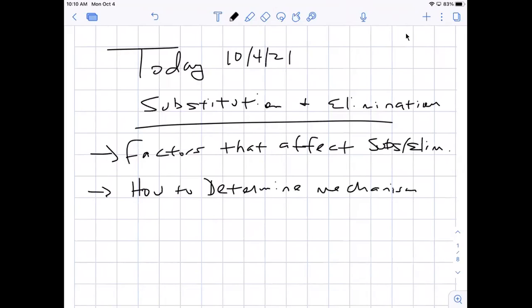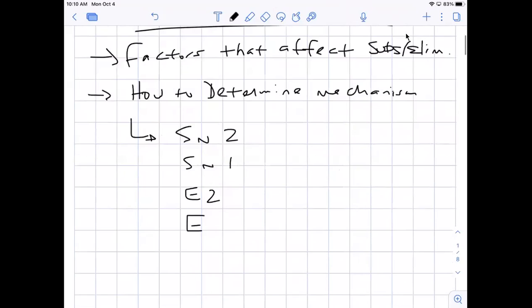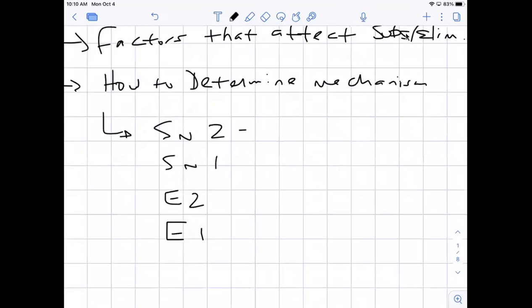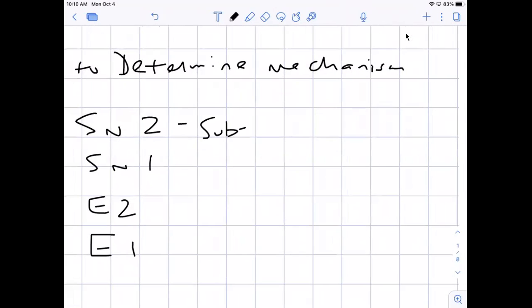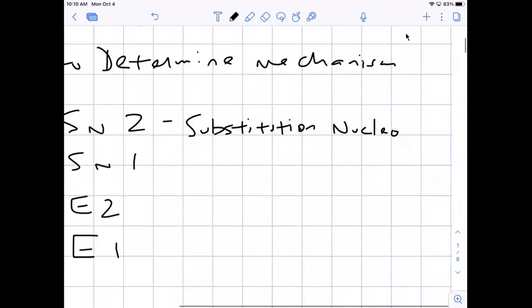Because we're basically going to talk about two types of substitution mechanisms, SN2 and SN1, and then E2 and E1. SN2 is substitution, nucleophilic, and then it's bi, which is very important, bimolecular.